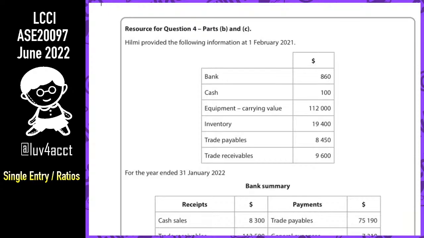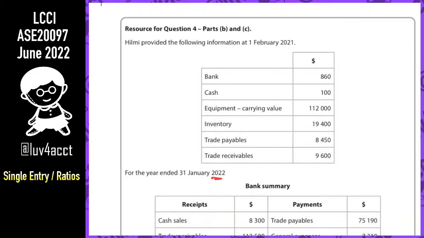Here we are provided the following information on the 1st of February. Every time we look at the date, remember we have to know what is given to us. So 1st of February is the year start, because the year end is 31st January year 2022. So these are opening balances: opening bank, cash, equipment carrying value, inventory.